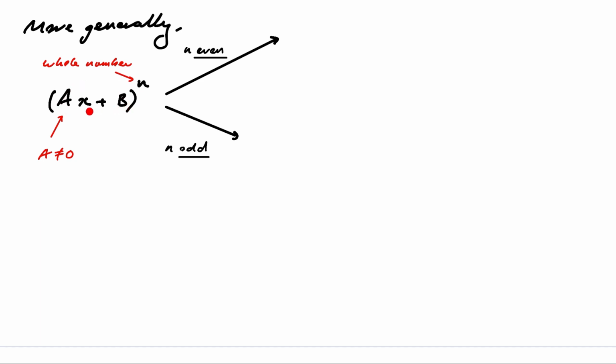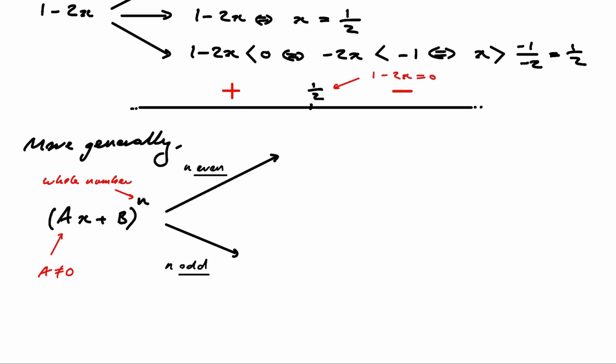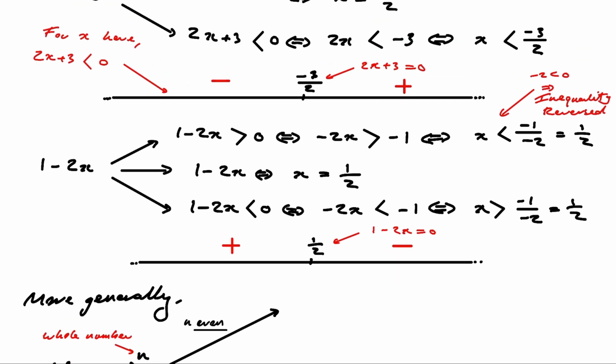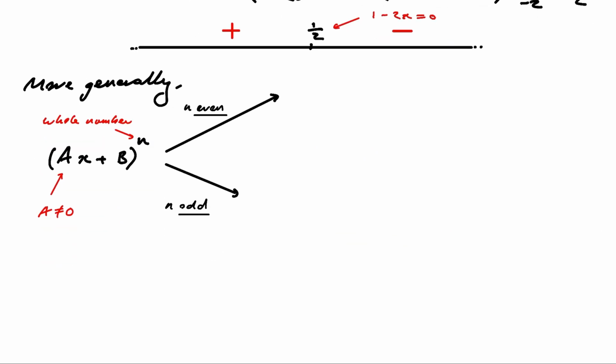So minus 1 is negative, minus 1 to the power 3 is negative. If this is positive, then the power is positive, of course, because if you multiply a positive number by itself, it's always positive. So in the odd case, the sign analysis is only going to depend on what's going on inside, and we've just seen above there are two possibilities, depending on whether or not A is positive or negative.